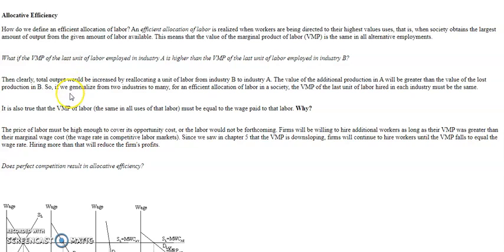The total output would be increased only by reallocating labor from one industry to another.